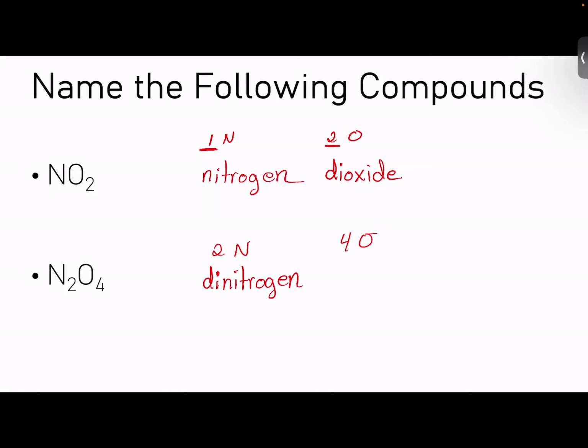The prefix for four is tetra. So it's tetroxide. Binary covalents are easy because you literally are telling me how many of each element is present.